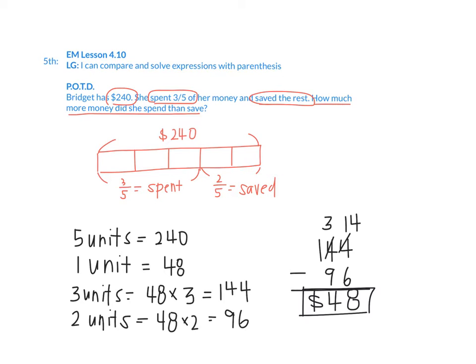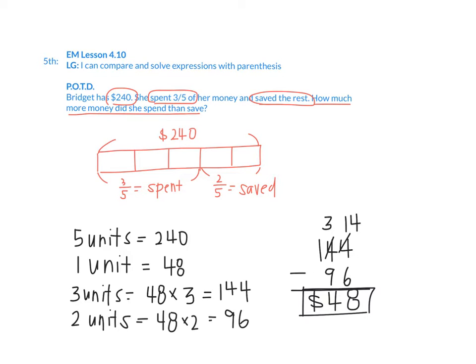One way we can solve this problem is to draw a tape diagram and show that 3/5 of it was spent and 2/5 of it was saved. Then we can find out that in 240 altogether I've divided it into how many units? 5. So 5 units equals 240. Therefore 1 unit equals 48. How did I get 48? Addison? You did 240 divided by 5. Very good.